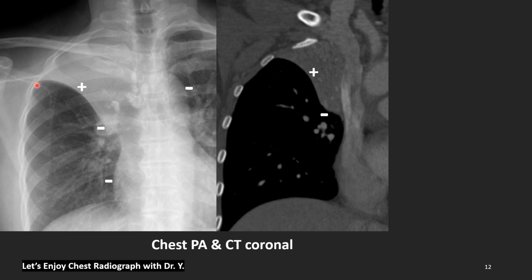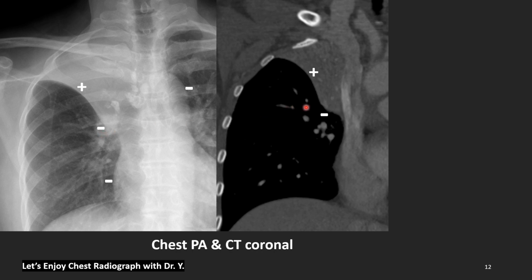So the minor fissure is elevated with convexity, and the proximal portion, the right middle lobe, is concave. So this denser lung represents a positive Mach band, and the proximal portion shows a negative Mach band.